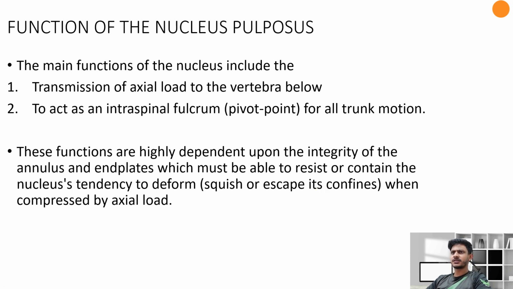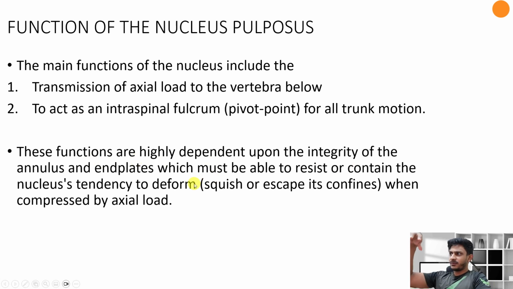So the function of the nucleus pulposus is the transmission of axial load to the vertebra below, and it acts as an intraspinal fulcrum for all trunk motion. What is this? I will explain. The function of the nucleus pulposus is highly dependent on the integrity of the annulus and the end plates. Why?